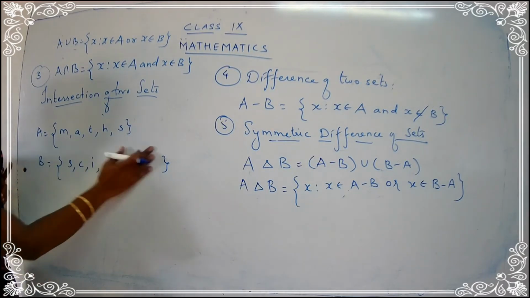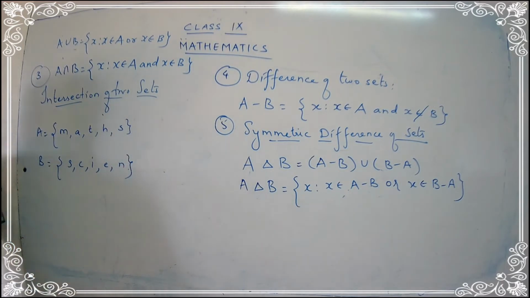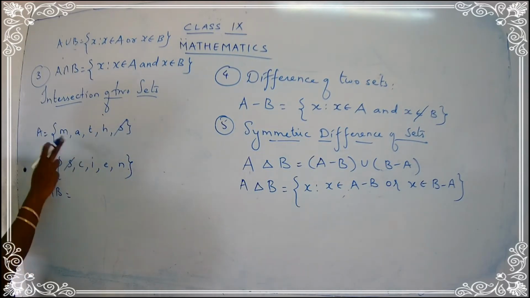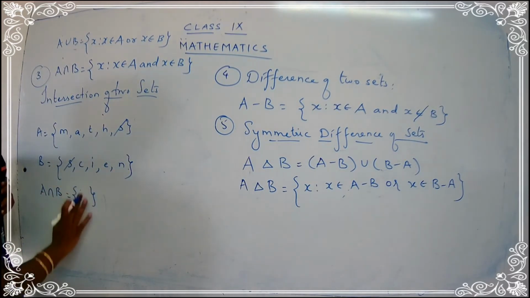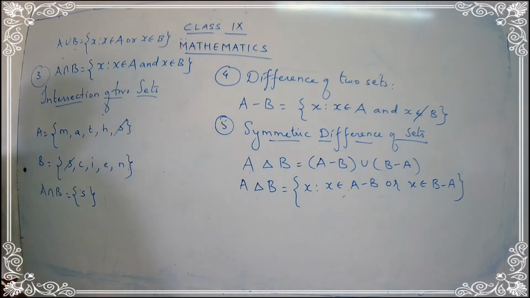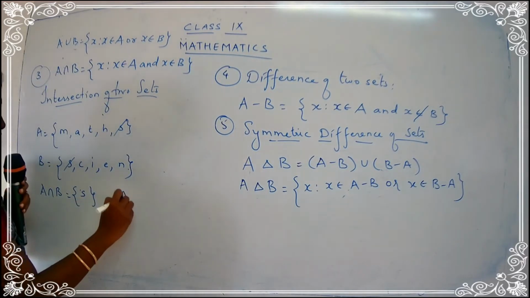So I have got the members S, C, I, E, N. What about intersection, children? What is common here? S is common. M we don't have, A we don't have, T we don't have, H we don't have, S we have. So A intersection B is {S}.